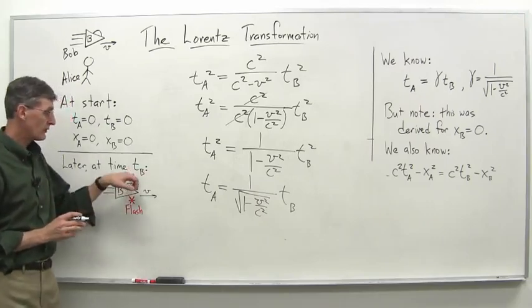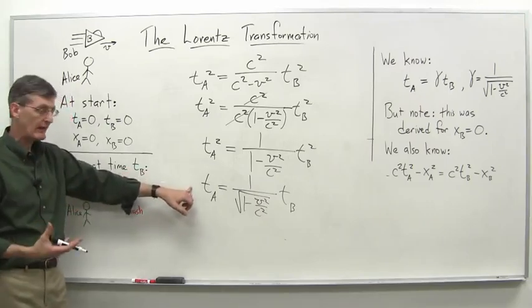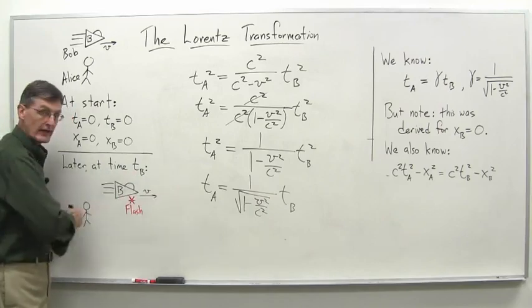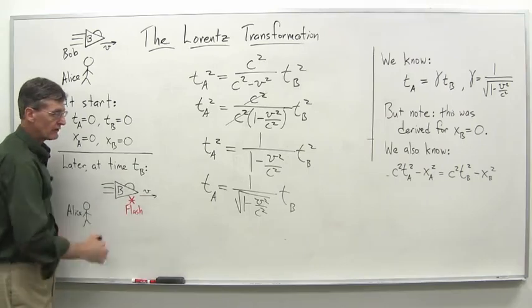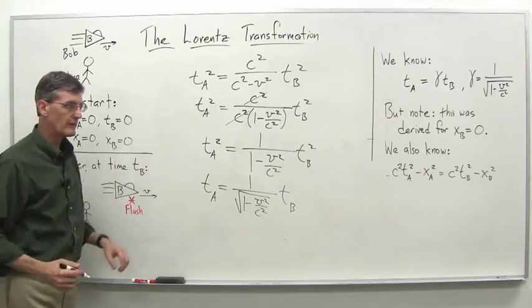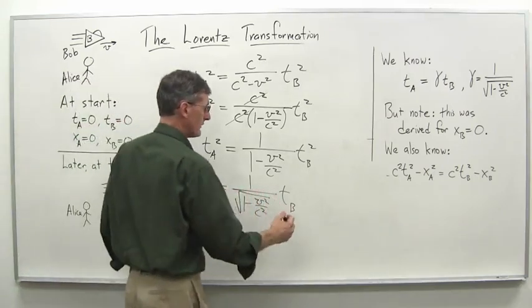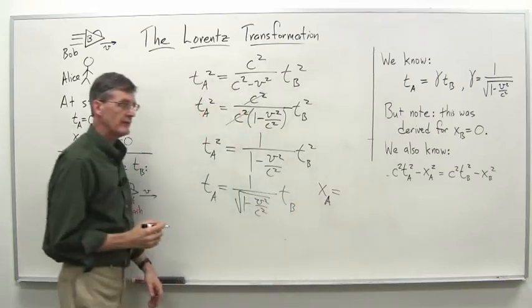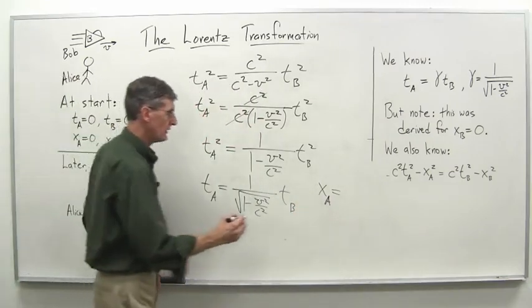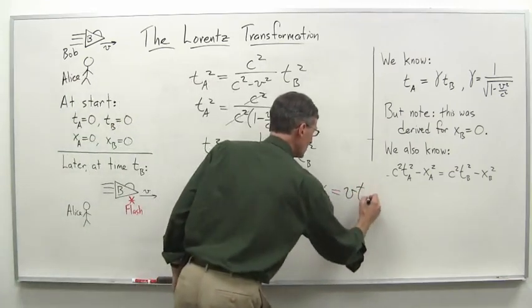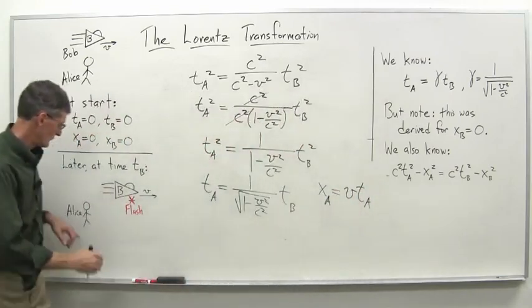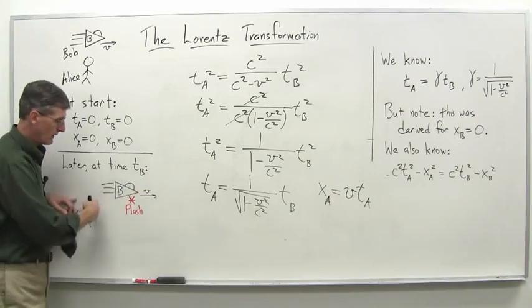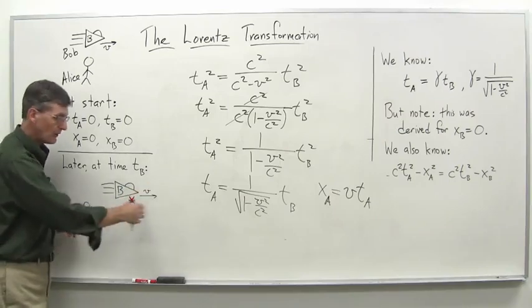So given t sub B, then we know what t sub A is, but what about xA? What's the x location in terms of Alice's lattice? Well, I just erased it a minute ago, but remember we had xA simply equals v times tA. It's just the velocity of Bob times the elapsed time on Alice's clock.